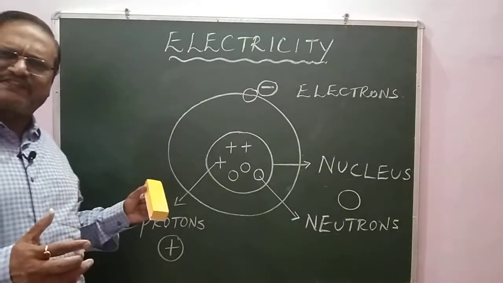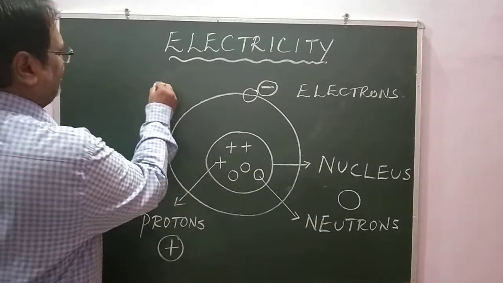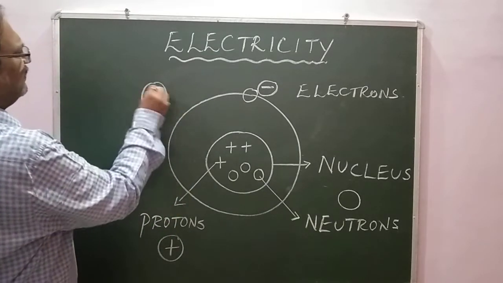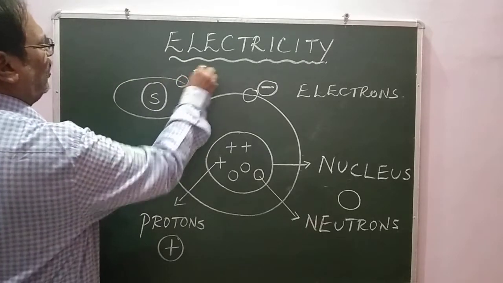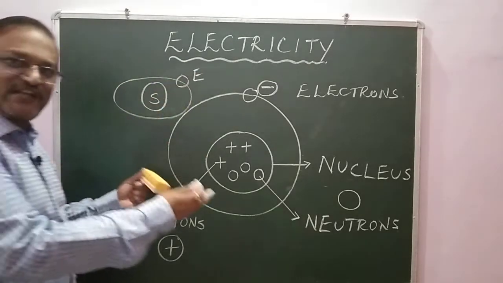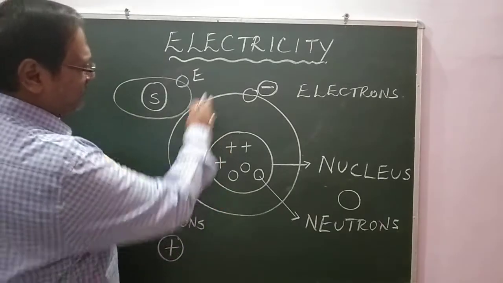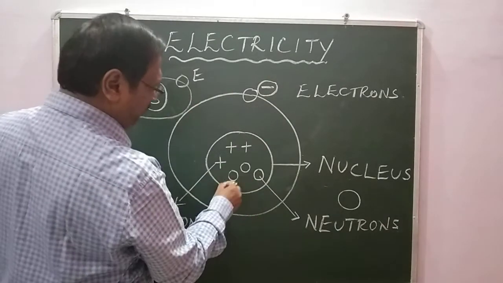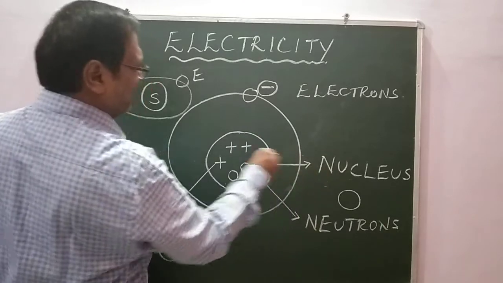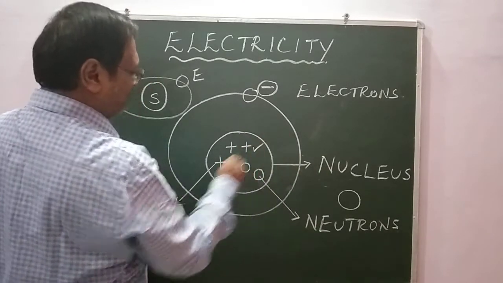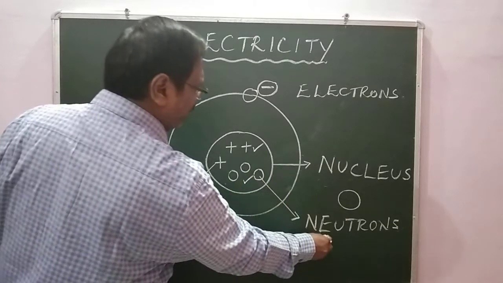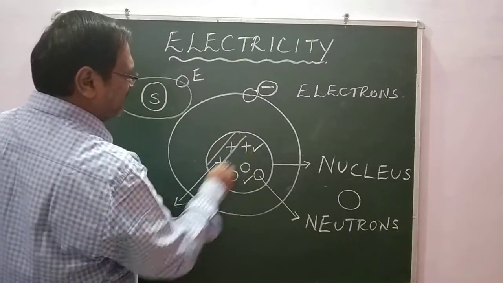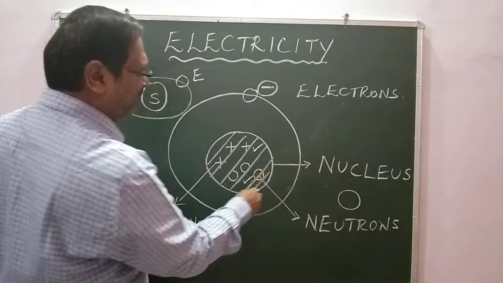Don't you think it is something like the sun is there and the planets are revolving around it, earth is revolving around it? It is just like that. Like you see in this atom, there is a nucleus. Nucleus is having positive charge. We call it proton, and we have neutron, and they are neutral, and this is the nucleus, right?